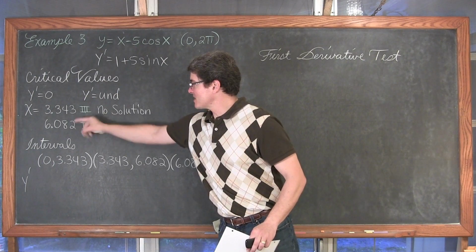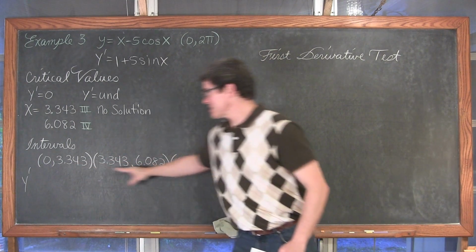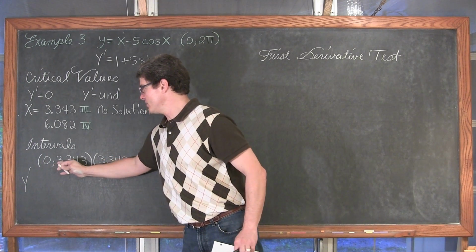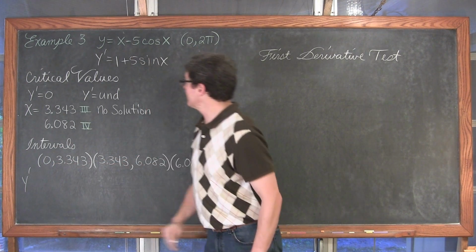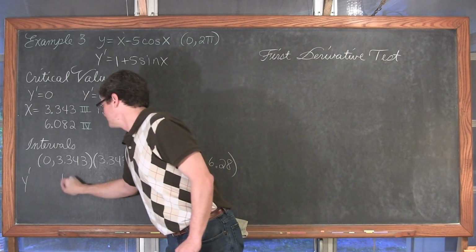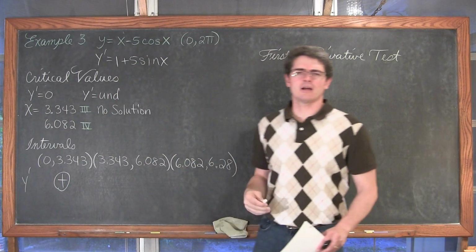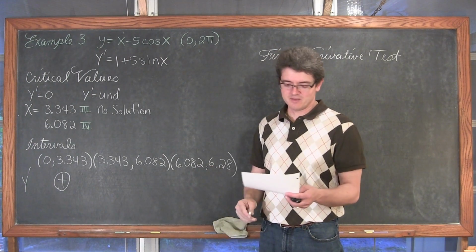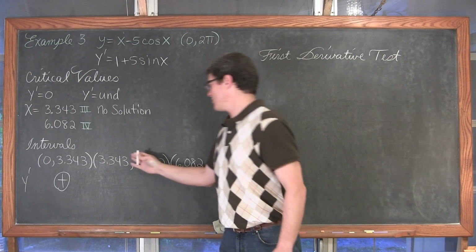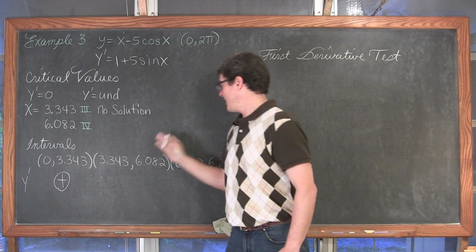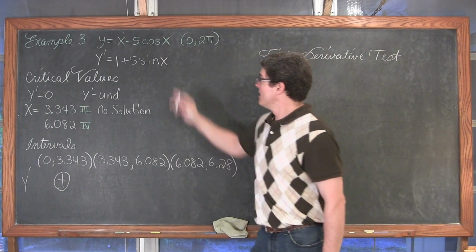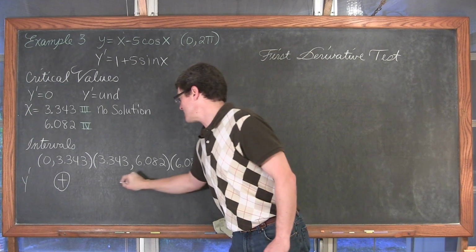So here are my critical values again, and I've used them to set up our test intervals. If I take a value of 1, 2, 3, 3.1 and plug them into our first derivative, I'm going to get a positive value. Make sure your calculator's in radian mode if you've done your problem in radian mode, which we really should be doing. Then when I plug in a value anywhere between 3.343 and 6.082, like maybe 4 or 5, my first derivative is going to come out negative.